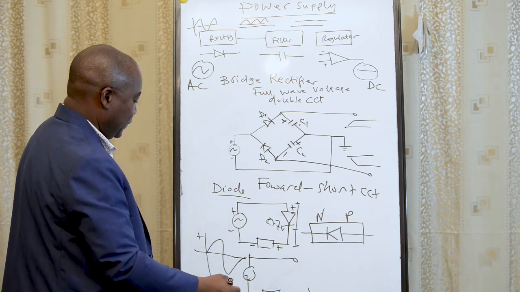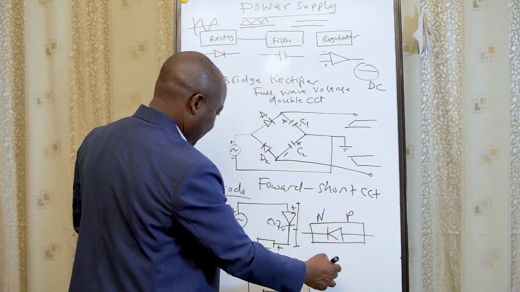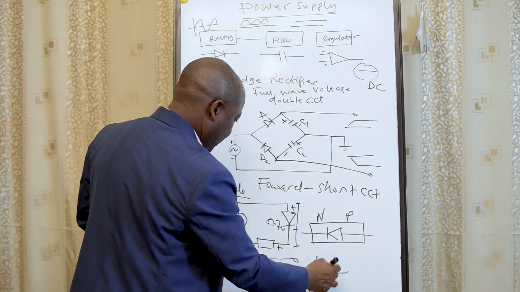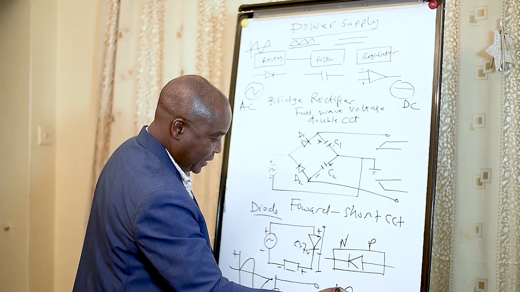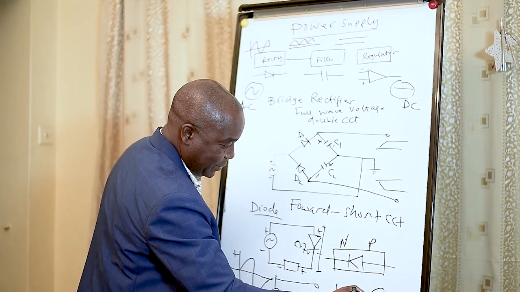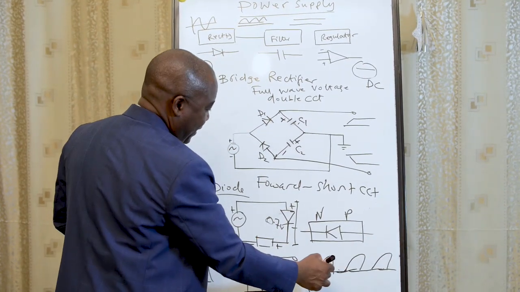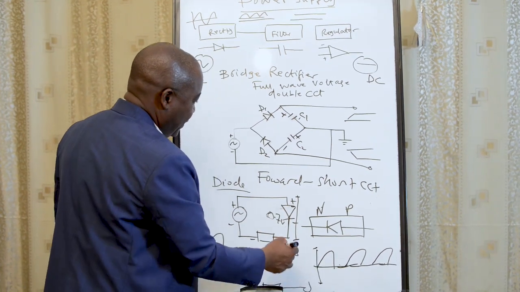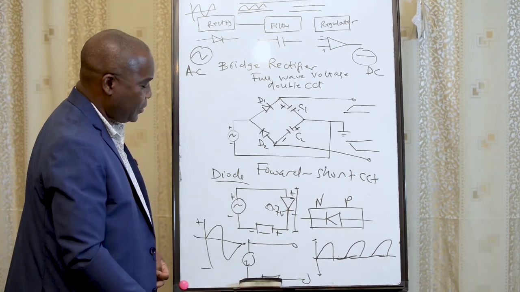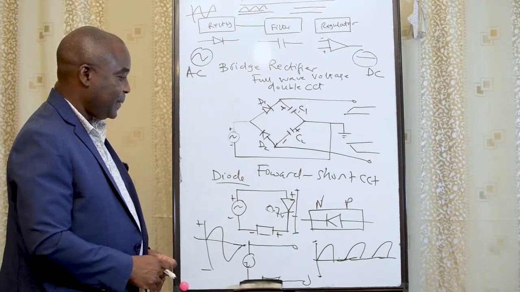So what we get at the end is like this one. The positive will pass, but the negative will not pass. We'll get something like this one. This is also a rectification by using a single diode.